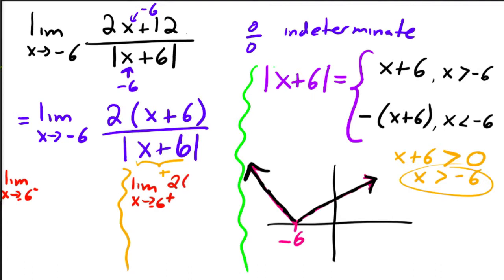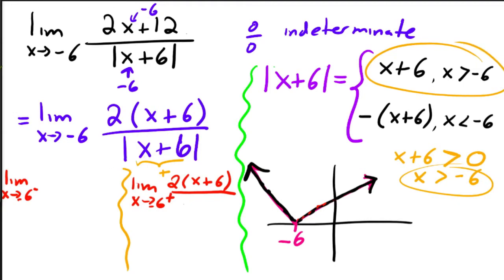As you're approaching from the right, I'm just going to leave the top alone. As you approach -6 from the right, the values are going to be greater than -6, correct? So since the x values are greater than -6, you're going to use this function right here for absolute value.